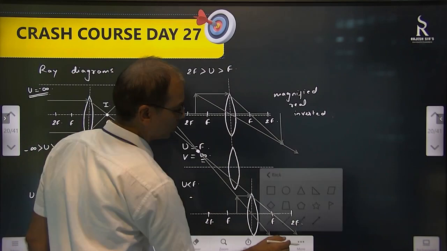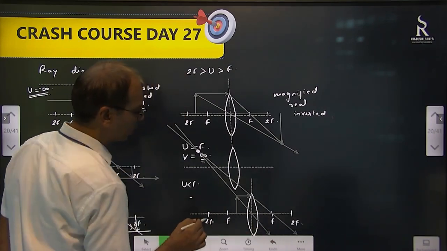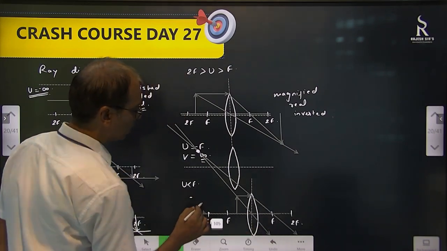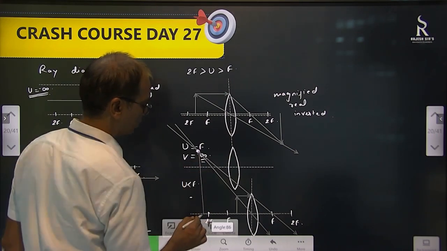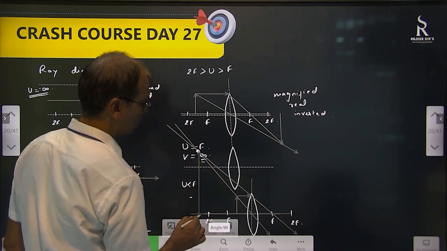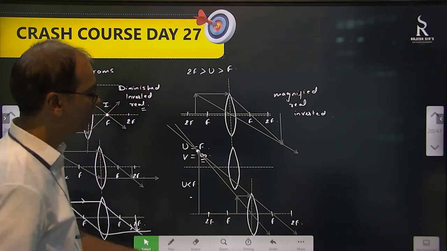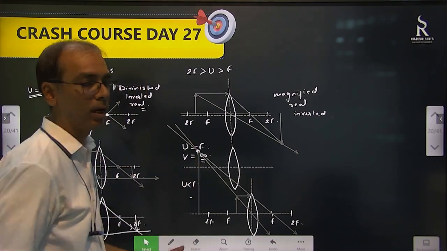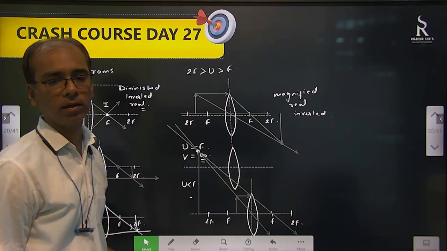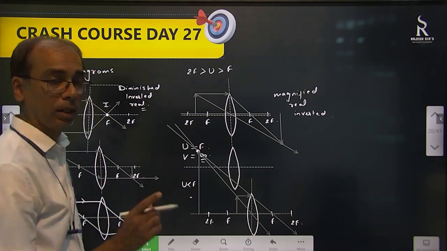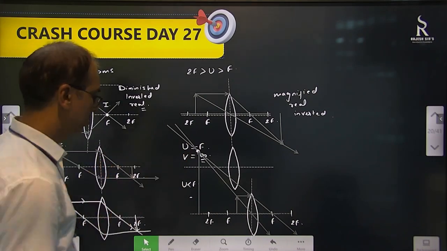Okay, and how is the image? Now the image, you can see, is on the same side as that of the object. Okay, the same side as the object, and in this case it's an enlarged image. What type of image is it? Magnified. Virtual, magnified. In a concave mirror also we saw the same.